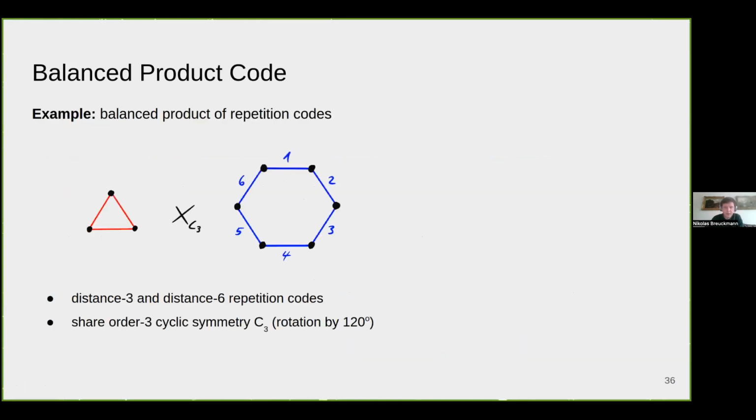Okay, just from the definition, it's not immediately clear what such a space looks like. So let me give you an example. Let's again look at repetition codes, which are these 1D cycle graphs. Let's take distance 3 and distance 6 repetition codes, and these share an order 3 cyclic symmetry. I can rotate both of them by 120 degrees.